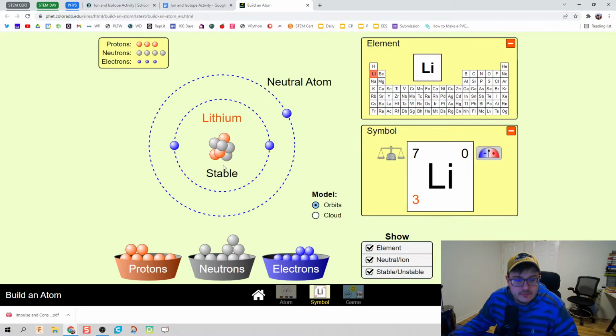Sometimes you have lithium that has 4 neutrons. So, what do I have over here on the right side? Notice my atomic number, the number of protons, is on the bottom left-hand corner, and my atomic mass is on the top left-hand corner. Charge is on the top right. We're going to use that as a reference point when walking through this activity.